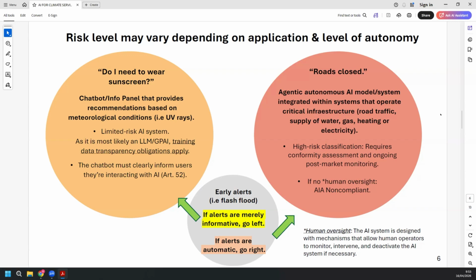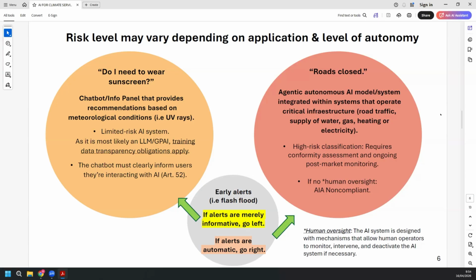Whereas on the right, you see an AI model that has an automatic application. So it automatically sends alerts to millions of people that there's been a flash flood, and so the roads are closed. Roads are critical infrastructure, right? So anybody that receives this alert on their phone is going to make a decision. Am I going to use the road? I'm not going to use it. If I'm on the road, what am I going to do now?